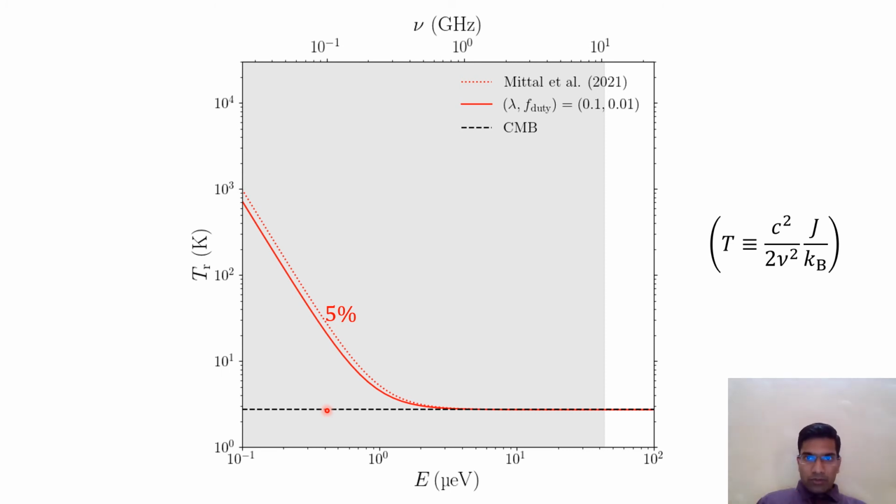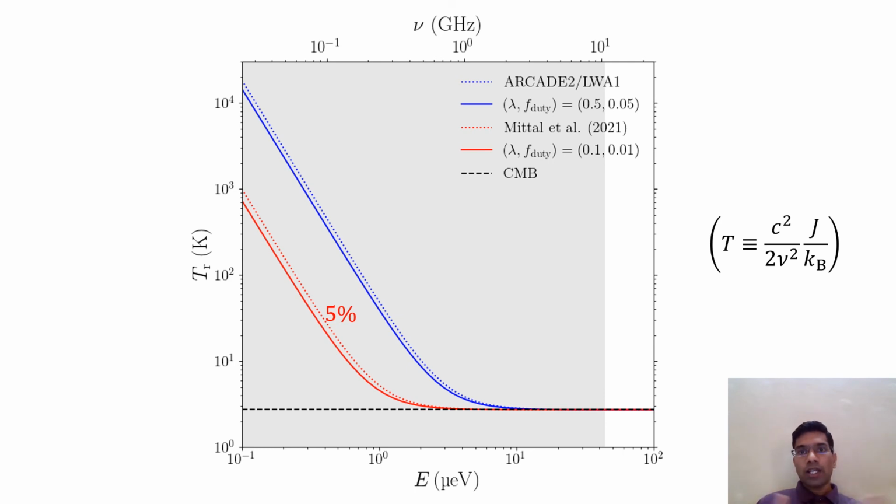With a certain value of the lambda and f_duty, we can explain the 5% limit of the ARCADE and LWA. So what is special about this 5% is that it explains the anomalous depth in the EDGES signal. But leaving aside the EDGES signal, we can even explain the full ARCADE and LWA limit by readjusting these lambda and f_duty parameters.